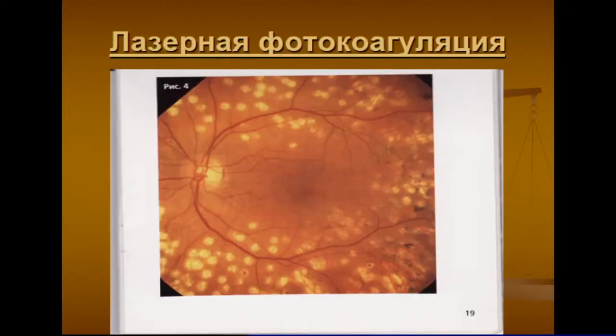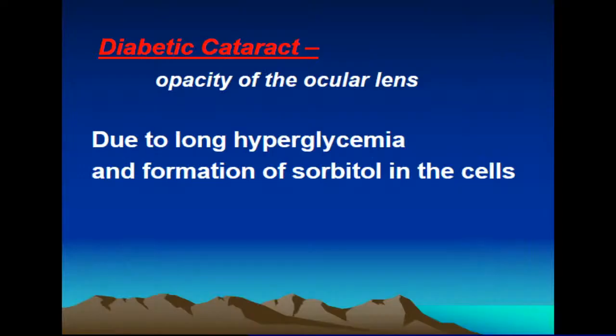Its treatment, diabetic retinopathy. The next, diabetic cataract. Opacity of the ocular lens due to too long hyperglycemia and formation of sorbitol in the cells.